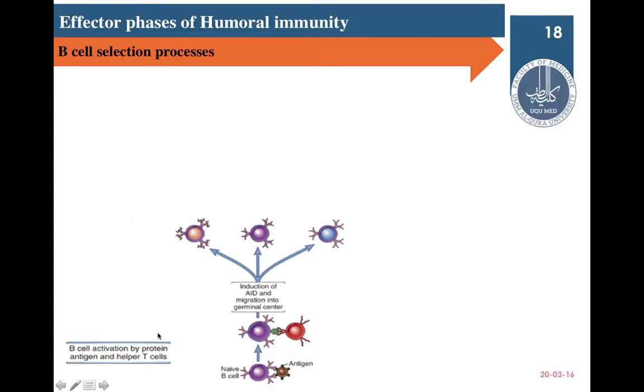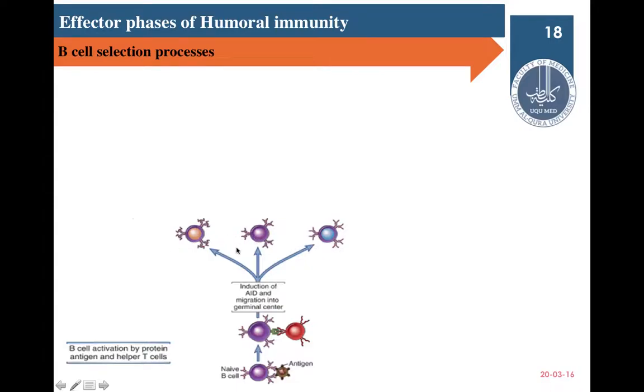We have already seen how a naive B cell takes up the antigen, processes it, and presents the antigen to an activated T cell in the extrafollicular zone, and then these activated B cells and activated T cell move into the germinal center. In the germinal center, the activated B cells proliferate and make a lot of copies, and when they are making copies, with the help of AID, activation induced cytidine deaminase, they acquire point mutations, and their variable regions have very minor differences.